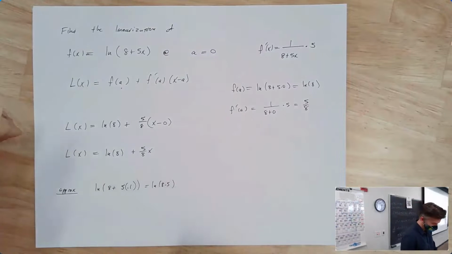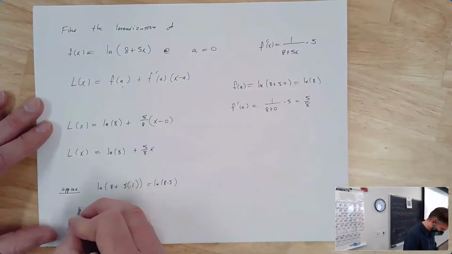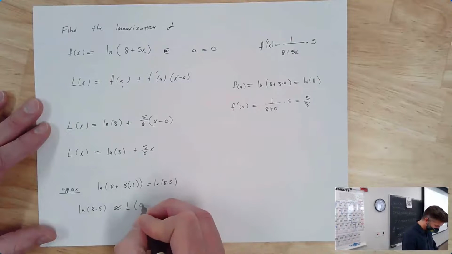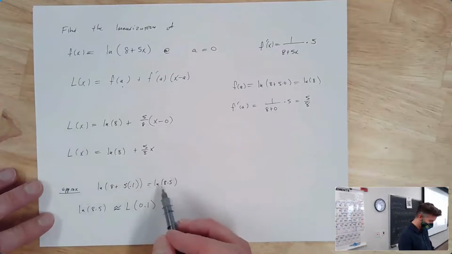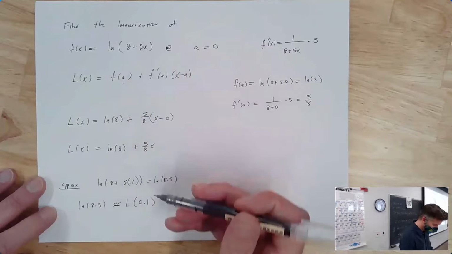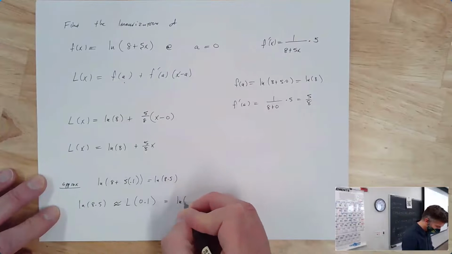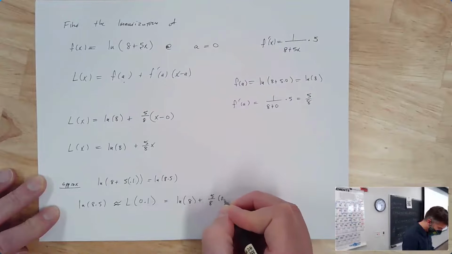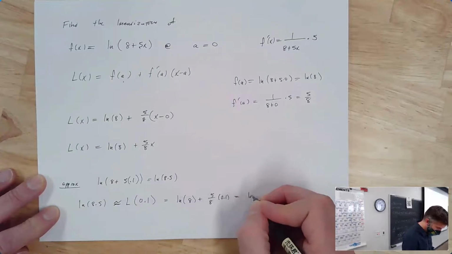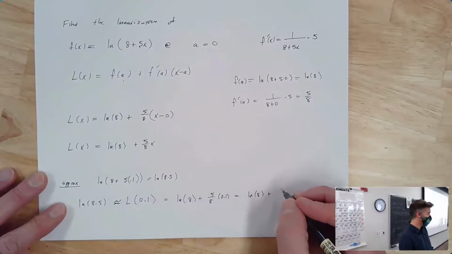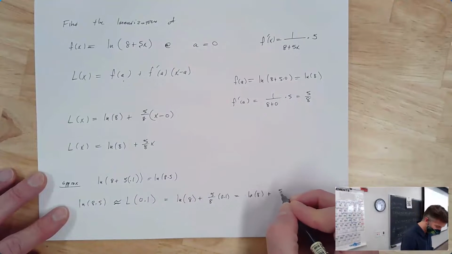But you could do this, right? The natural log of 8.5 would be approximately the linearization evaluated at 0.1, because that's what you have to plug in for x to have 8.5 that we're taking the natural log of. And then that would just be the natural log of 8 plus 5/8 times 0.1, which would be the natural log of 8 plus 5/80, right? 5/8 times 1/10 is 5/80.